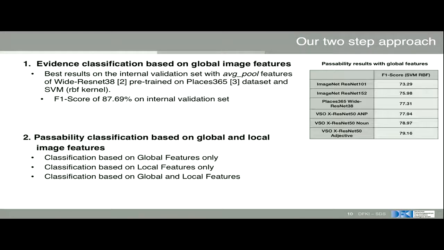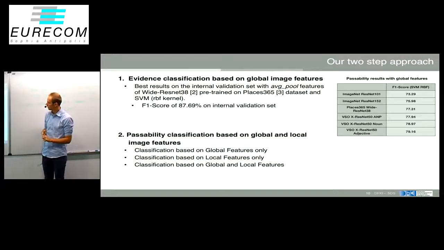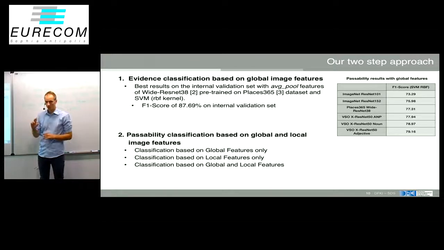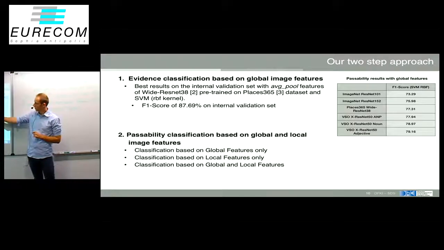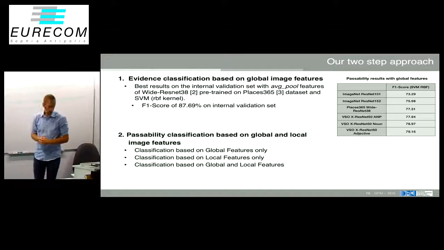For the global features, you see here a couple of networks that we used. One common theme, similar to the result on the first slide, is that the scene information is quite a bit better compared to the ImageNet models. So it is very important.